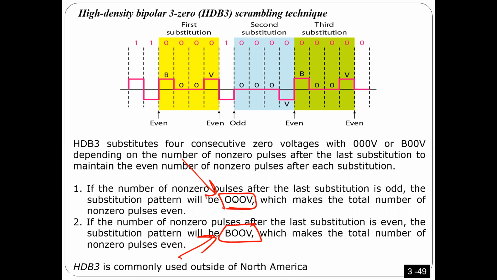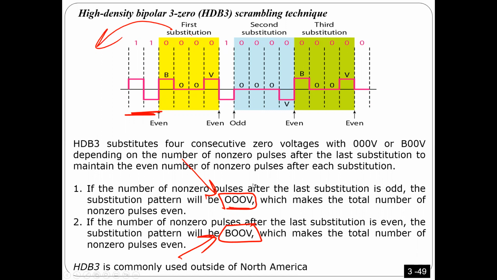You have to count how many non-zero signals you have between this substitution and the last substitution. For example, here we have 2 non-zero, so it's an even number. In case of an even number, I have to use this one. In this case, between this substitution and this substitution, there is only 1 non-zero, so this is odd.